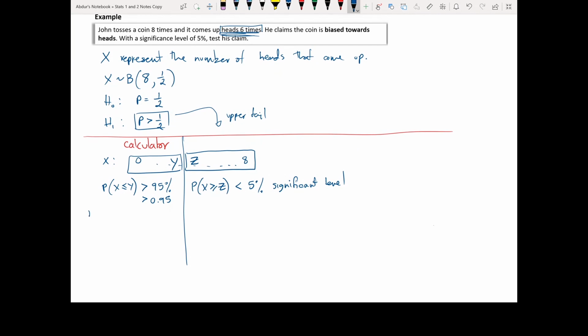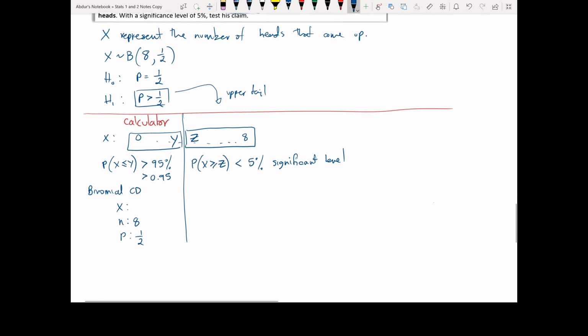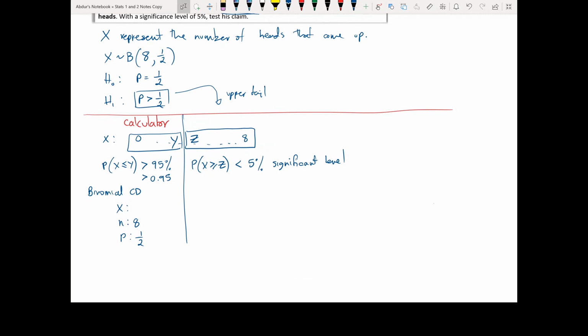So for our calculator, we go to the binomial CD function, or we could use the table. The inputs that we can write down: N is the number of trials, which is 8, and P is the probability of success, which is a half, the probability of getting a head. And we're going to try different values until our probability becomes greater than 95% or 0.95.